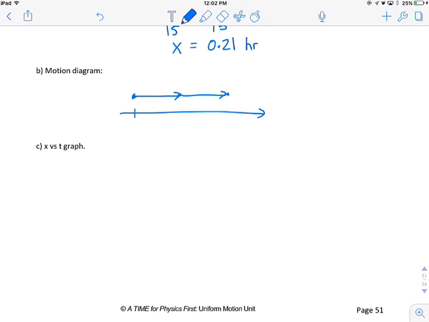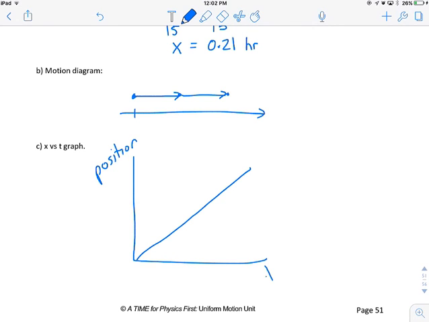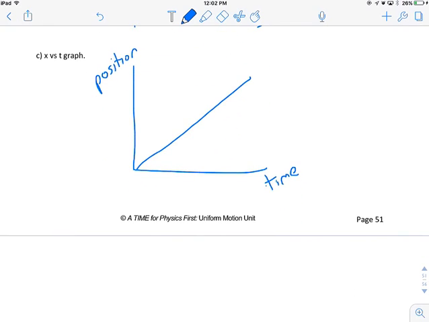So I'm going to draw this qualitatively. So it's going to be like that. It's a nice straight line. When we're moving at a constant speed, we have a nice straight line. So this is our position, and over here is our time, and we end up with a nice straight line for this position versus time graph. All right, now you can move on to the next page.